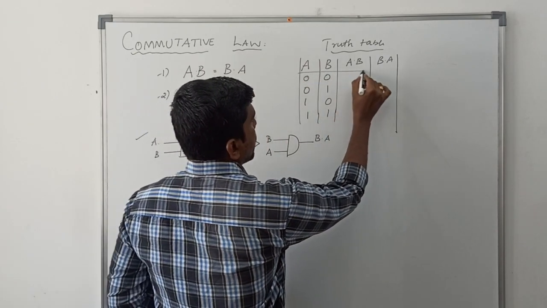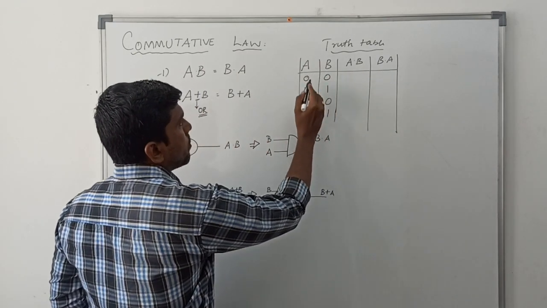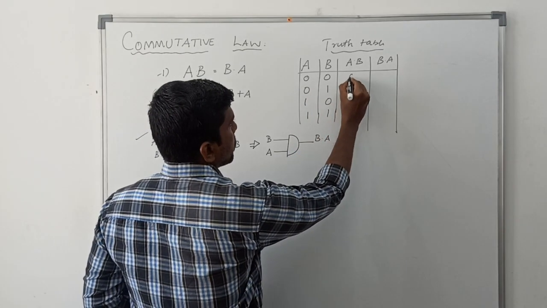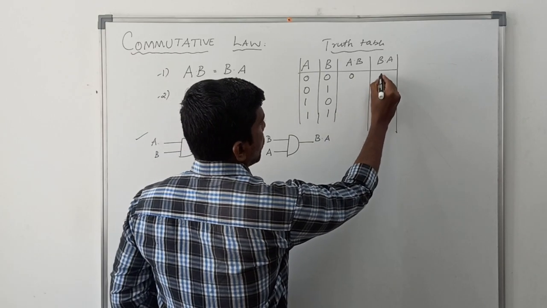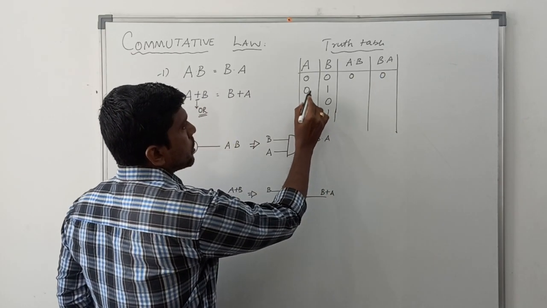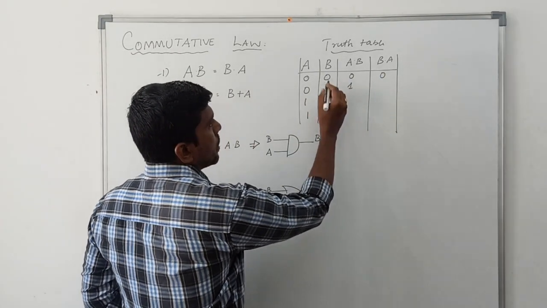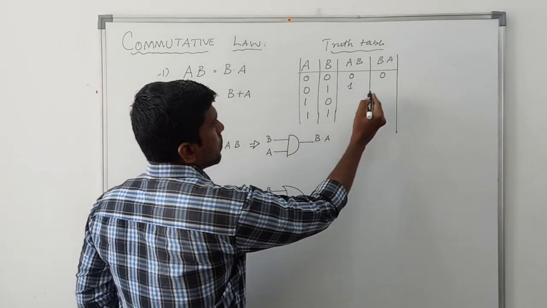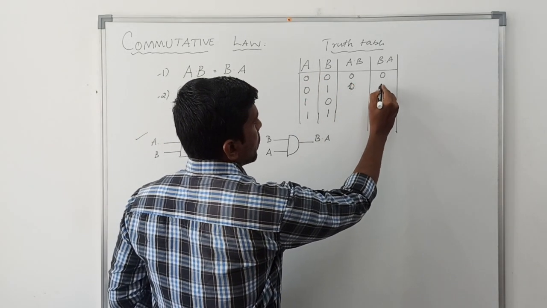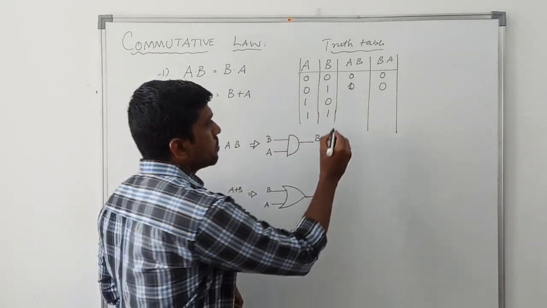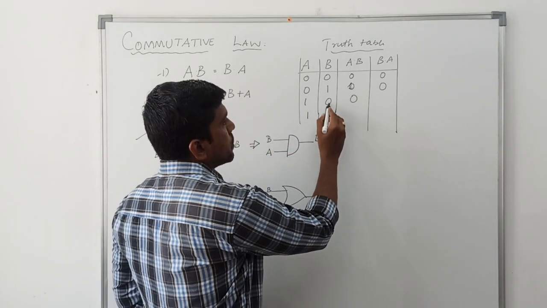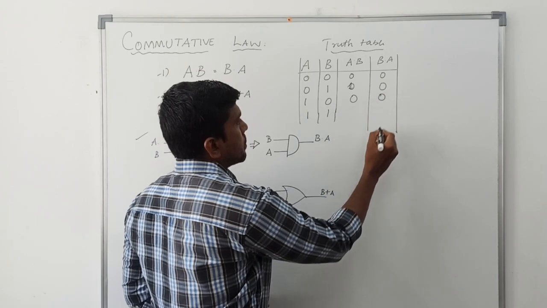Taking the product operation of these 2 variables, 0 dot 0 output is 0. For B dot A, 0 dot 0 output is 0. Then 0 dot 1 is 0, and B dot A, 1 dot 0 is 0. Then 1 dot 0 output is 0, 0 dot 1 output is 0.